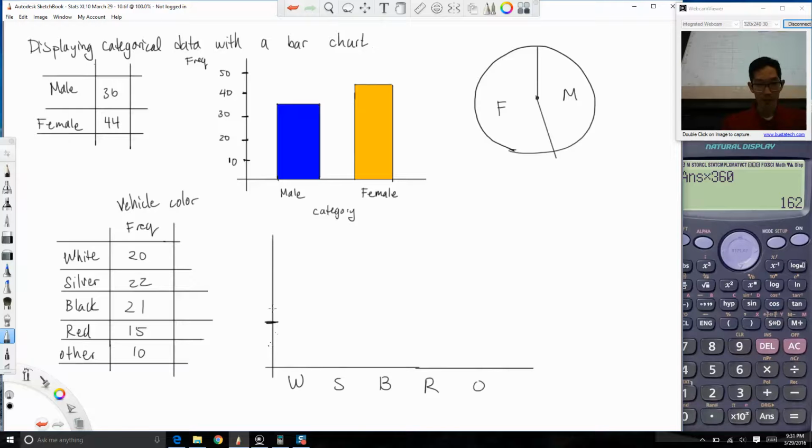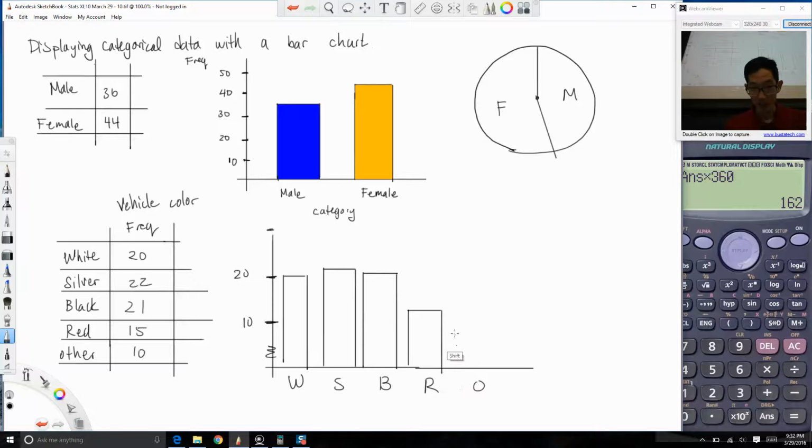This is bad design here, but we got 20. So we're gonna have a bar at 20, and then a bar that's 22, something like that, and then a bar that's 21, and then a bar that's 15, and a bar that's 10, or something like that.